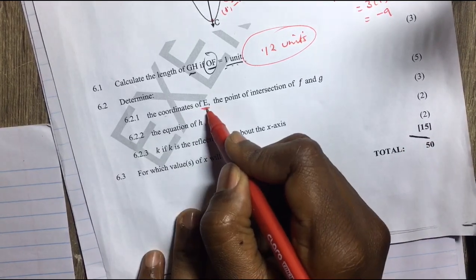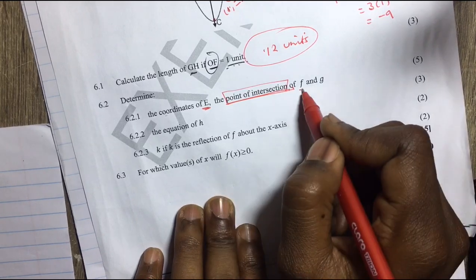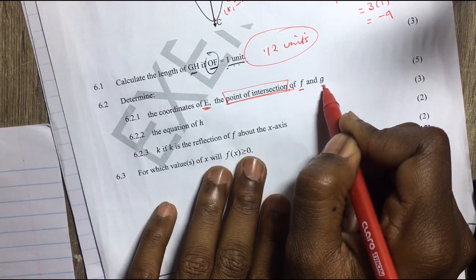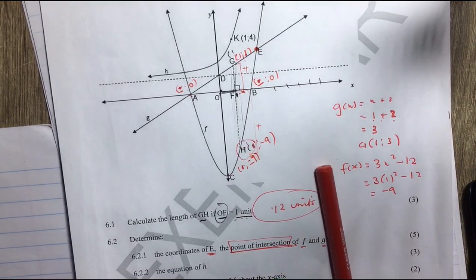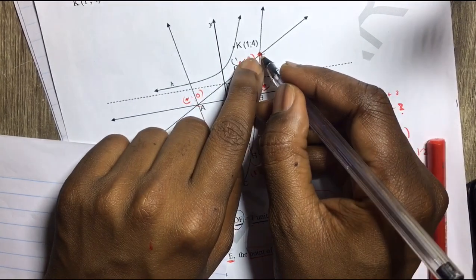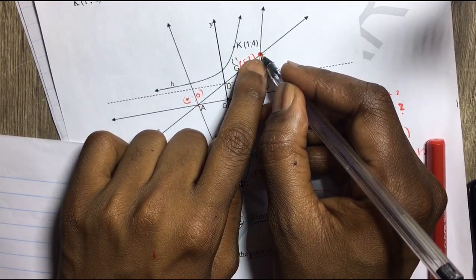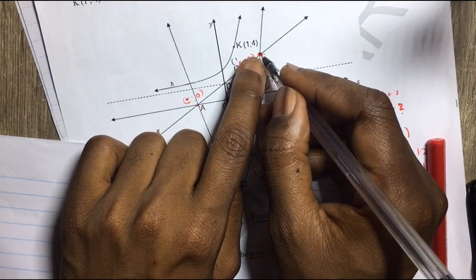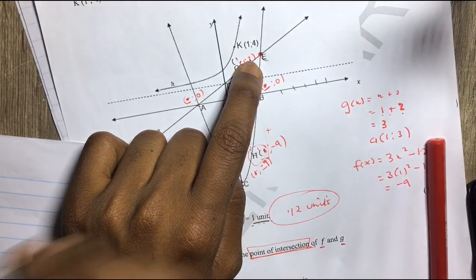The coordinates of E, which is the point of intersection, they tell you something very important. F and G, they meet at point E. Can you see here? Point E, F and G. So this, we call it the point of intersection. Where these two graphs meet, it means that in this point, the value of y is the same for the two graphs.